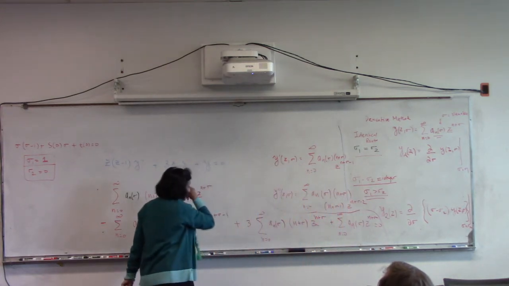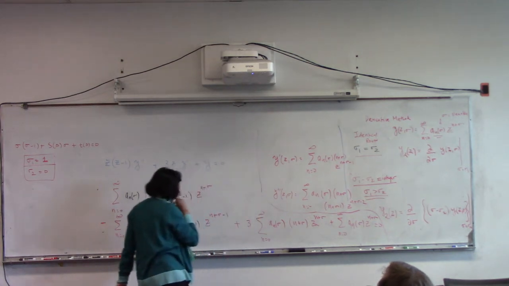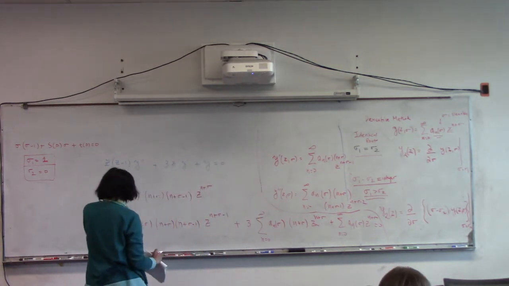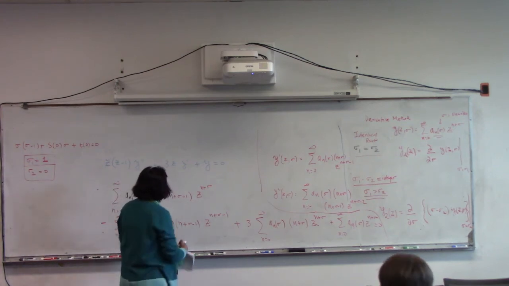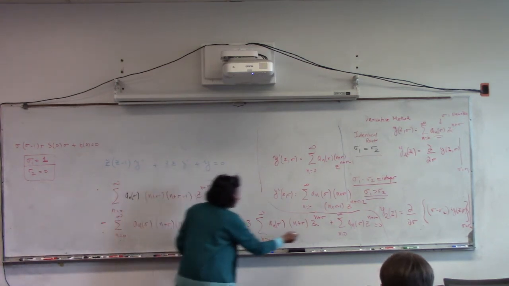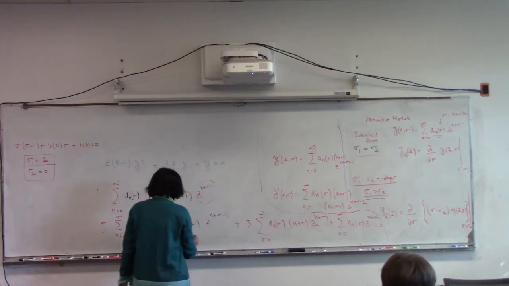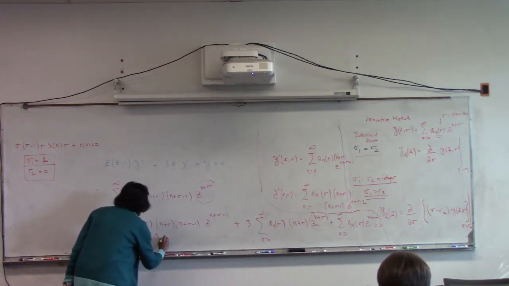So right now it looks exactly like what we've been doing so far. And then we look for the same power of z, let's look at the power of z^(n+sigma). Okay? And here that means I have to change n to n plus 1.